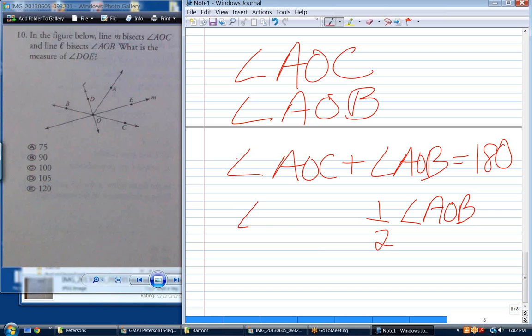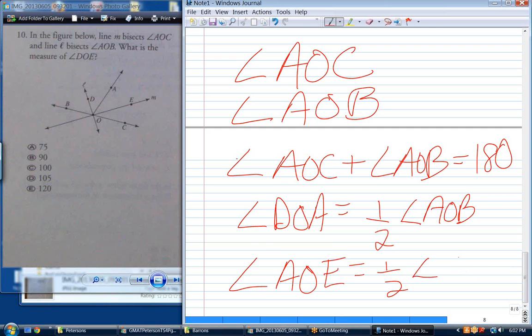In other words, angle DOA equals 1/2 of AOB. And the other one we're concerned with is AOE. What do we know about that? That it's half of AOC.